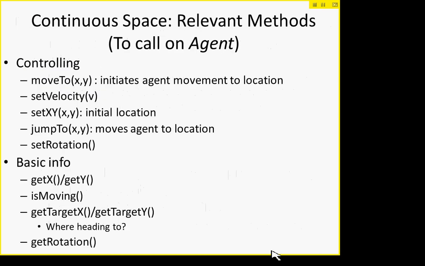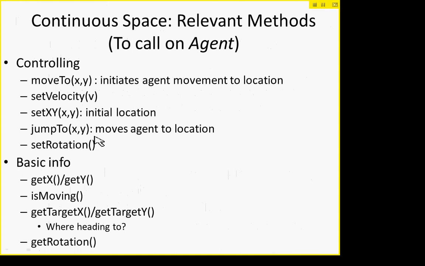In continuous space, when we request information from or changes to an agent, we're calling methods like move to, which can actually move an agent in a discontinuous fashion, but more commonly we'd set their velocity. The jump to, this one here, is what moves an agent to a location in a discontinuous fashion.